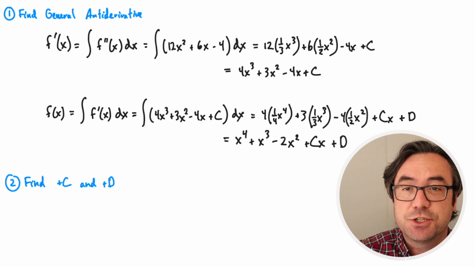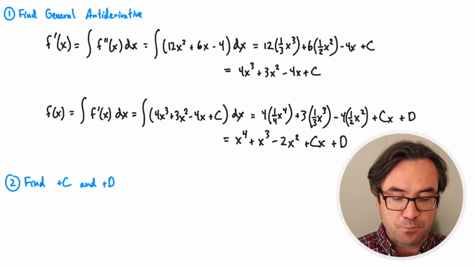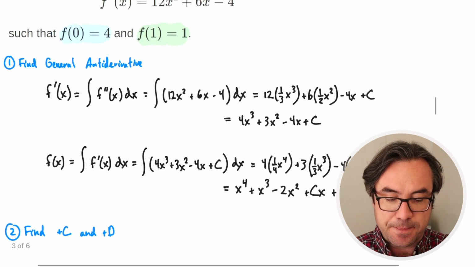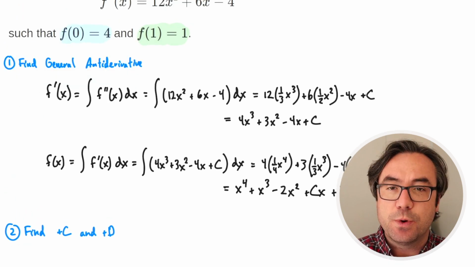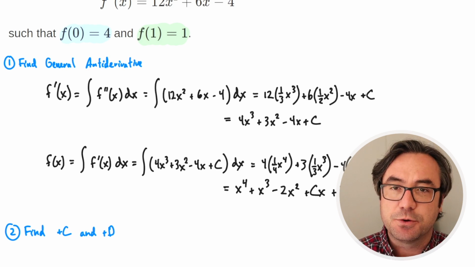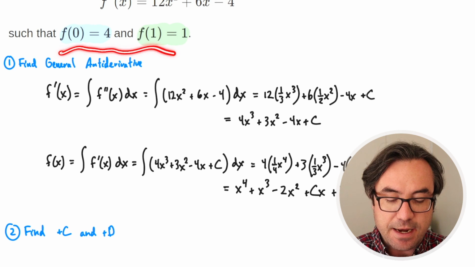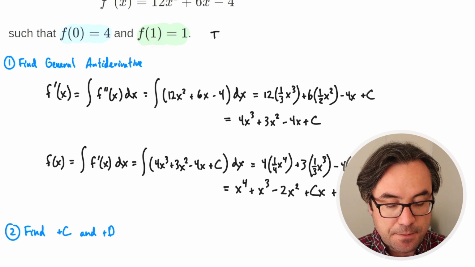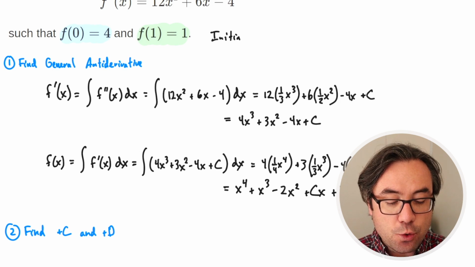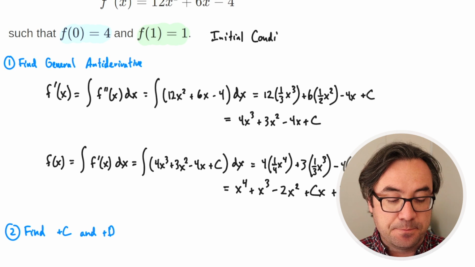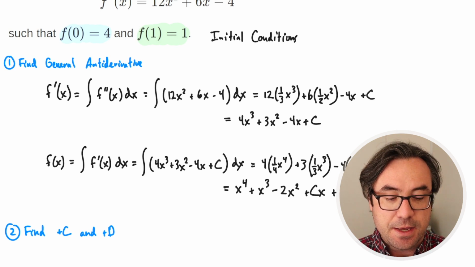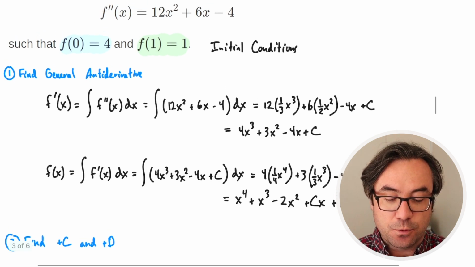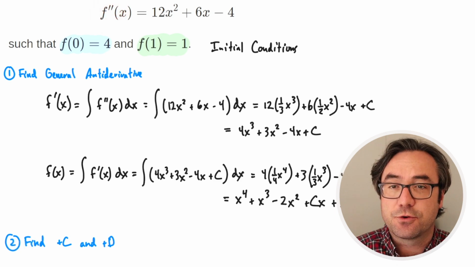And this is where those initial conditions are going to come in. So if we go back up, these are our two initial conditions. f of 0 is equal to 4 and f of 1 equal to 1. And again, why we need two of these for this problem is because we were starting with our second derivative.